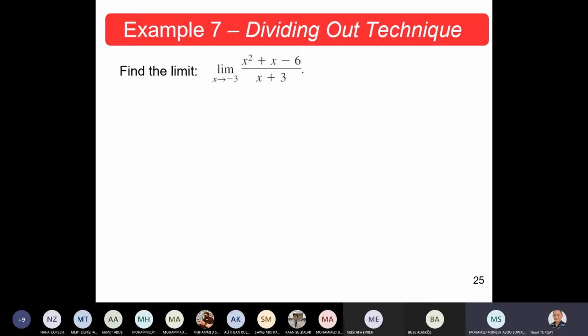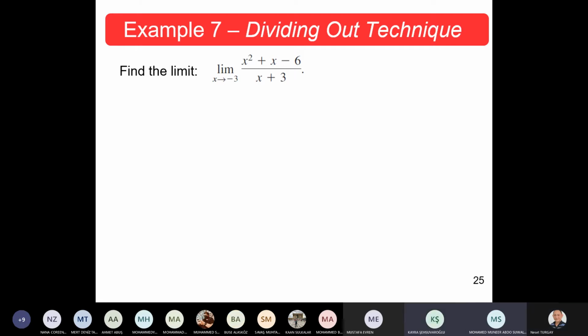My friend, we were doing this question. Now, what will we do? Again, the same. What happens if you send x to minus 3? What will you find?